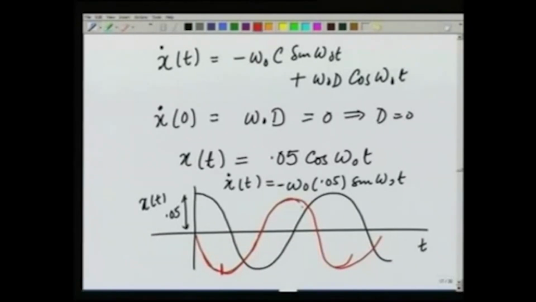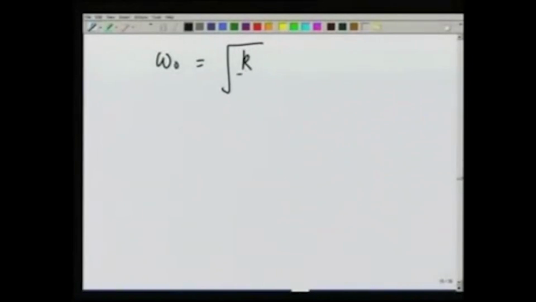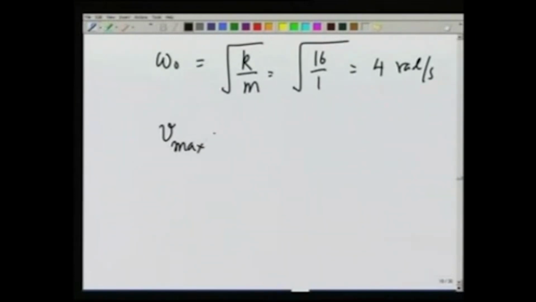Here omega 0 is equal to square root of k over m, which is 16 over m, equals 4 radians per second, so that the maximum speed, which is 0.05 times 4, is 0.2 meters per second.